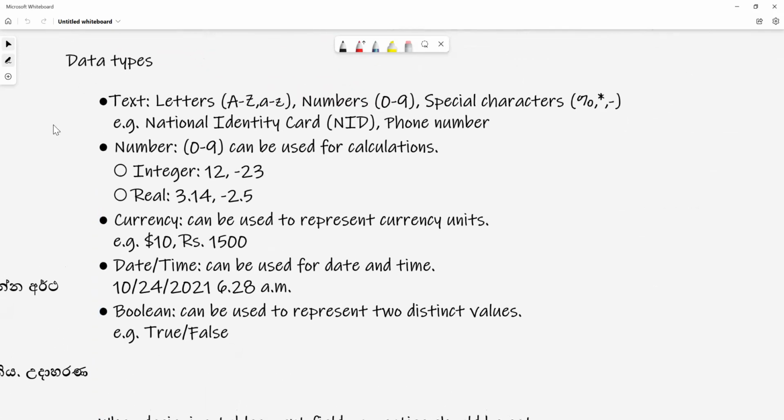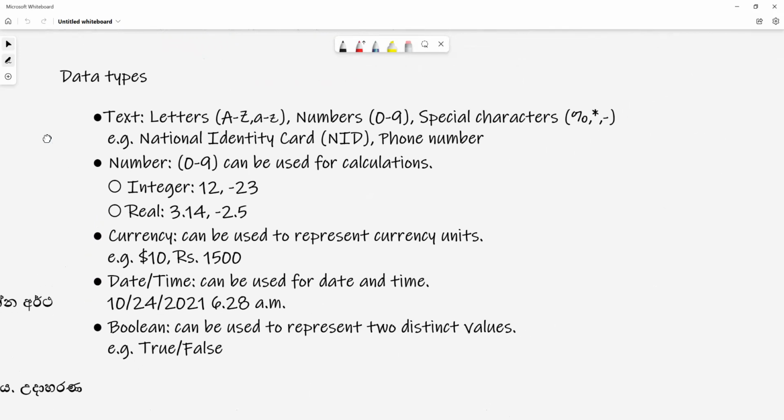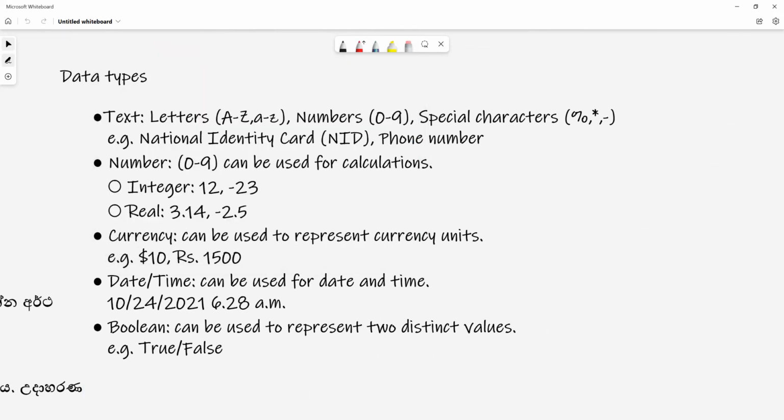Then we also looked at the data types. Whenever you want to keep the data inside, you have to define something called data types.